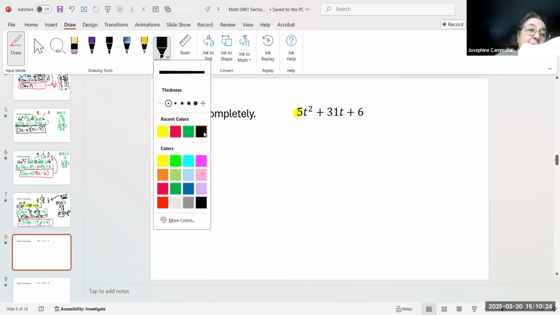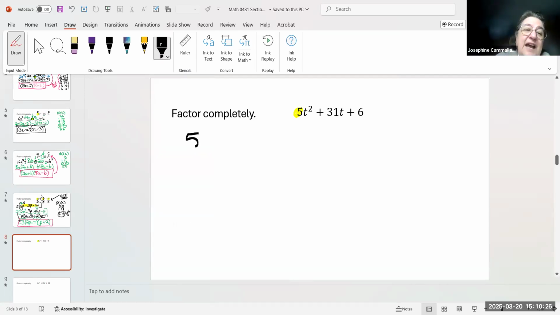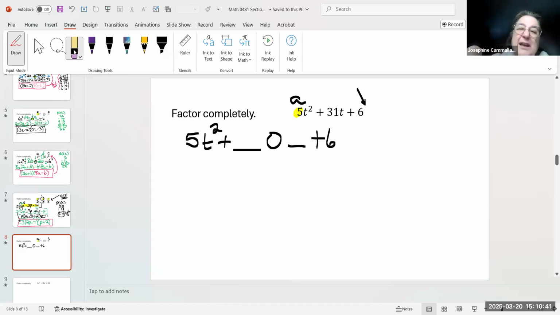Well, this will give me 5t squared plus blank, circle blank, plus 6. A is 5, and C is 6.